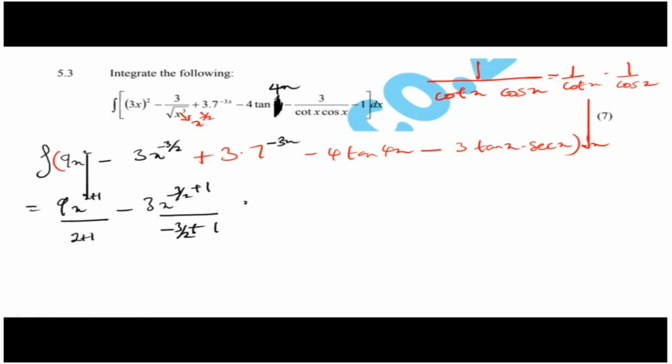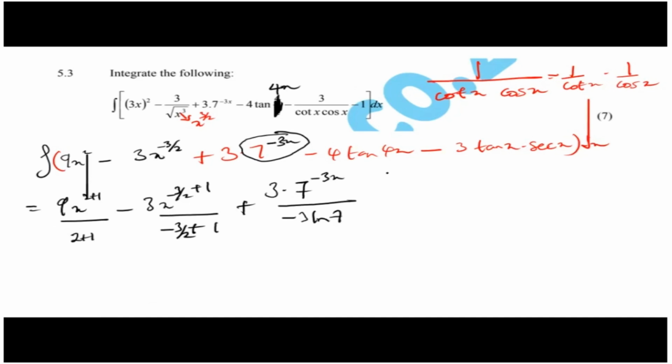So here, how do you integrate this one? Remember, you're just going to integrate this part. The constant comes down. So this is negative 7 to the power of negative 3x over negative 3 ln 7.